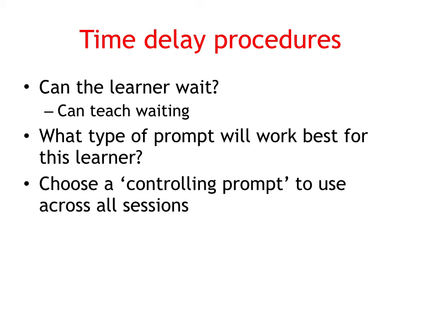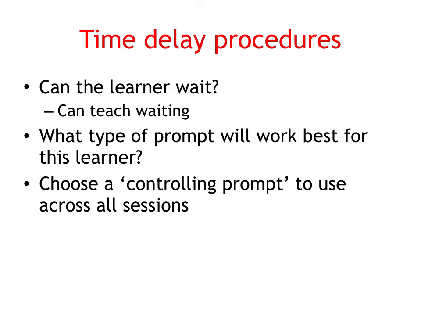It's called controlling prompts. Controlling prompts for a student means the prompts that must work for the student to understand the task. So when you provide controlling prompts, the student must be able to complete the task or direction you provide. That's called controlling prompts.